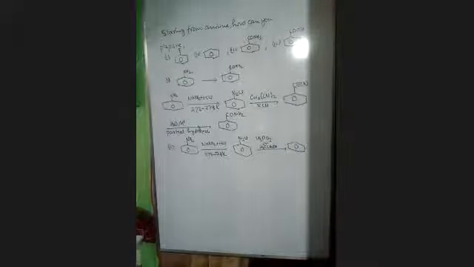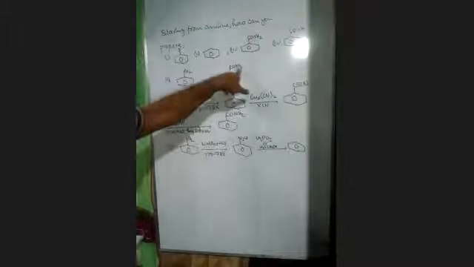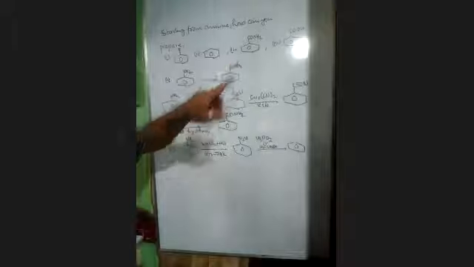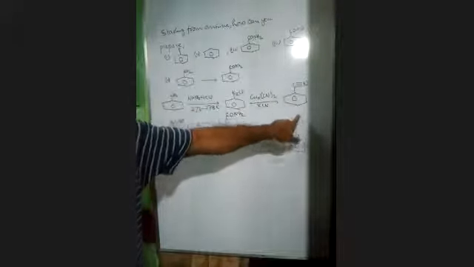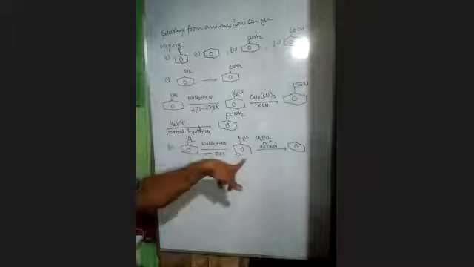Fourth one you do. Fourth one you write aniline, then write like this. Then CO, COOH. Up to this much is same. Then here you will write H2O, H plus, complete hydrolysis. Then you will write this.